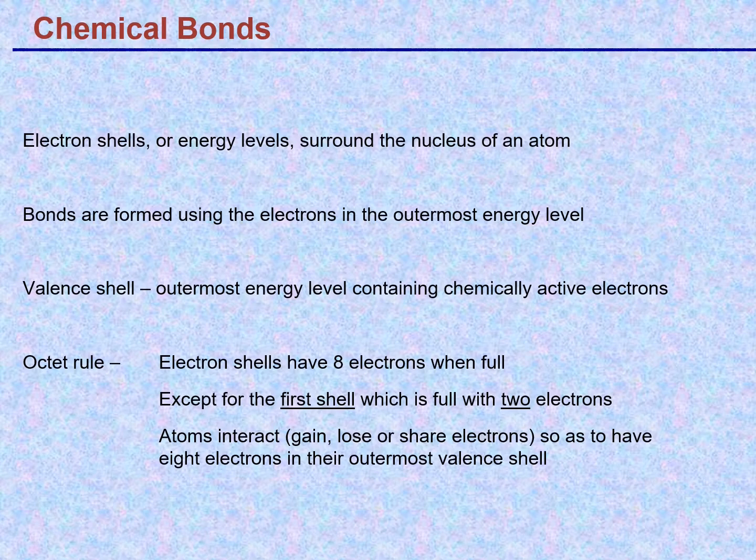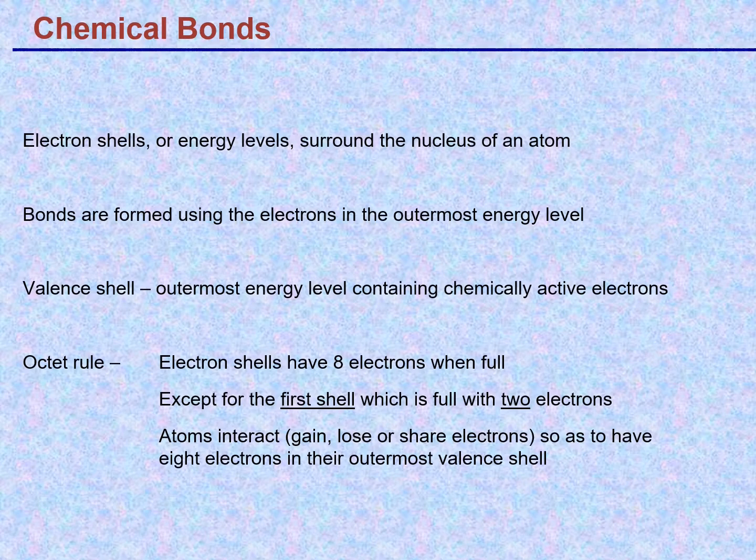And bonds will be formed using the outermost orbit of electrons. So bonds between two different atoms will form using the electrons in their outermost orbit, their highest energy level electrons at the outside. These orbits or shells are called valence shells, and the outermost contain the most chemically active electrons.